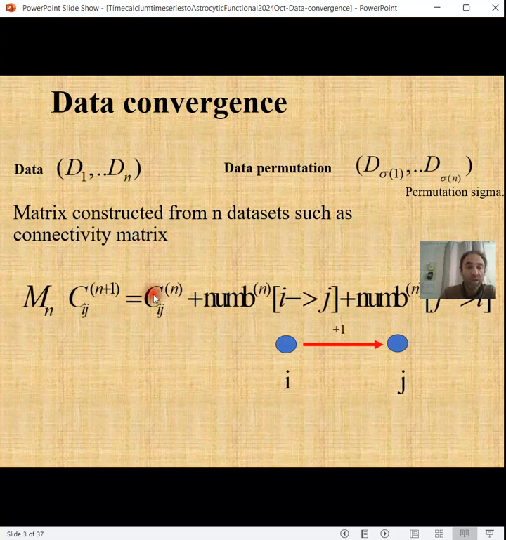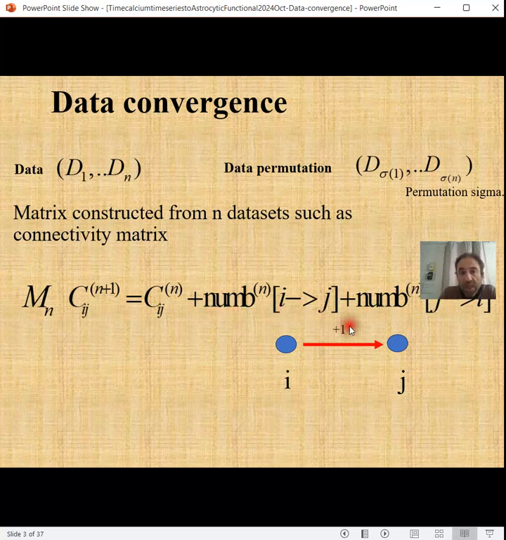That is, suppose you are interested in the number of times you had a direct correlation between the node I and the node J. That is, you add 1 each time you have such an event. And so you look at the number you have in the data set n for I to J and J to I if you have a non-oriented graph, and then you just add this on this connectivity matrix.